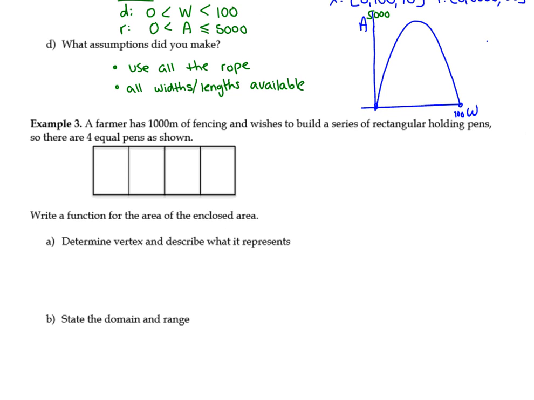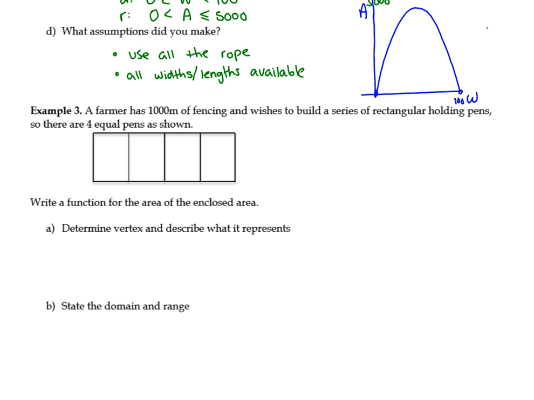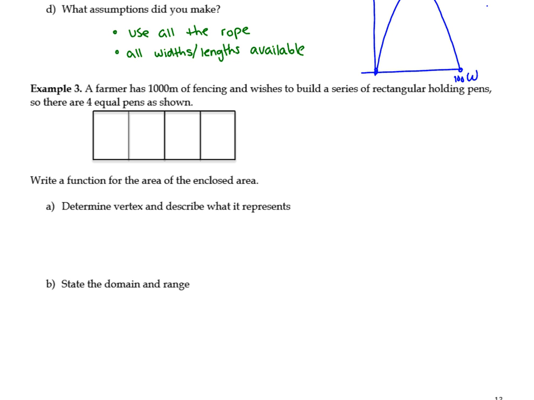Okay, one more area problem. And then I'm debating whether we're going to skip the last one. We might go through that another day. Okay? The farmer has 1,000 meters of fencing and wishes to build a series of rectangular holding pens. So there are 4 equal pens as shown.